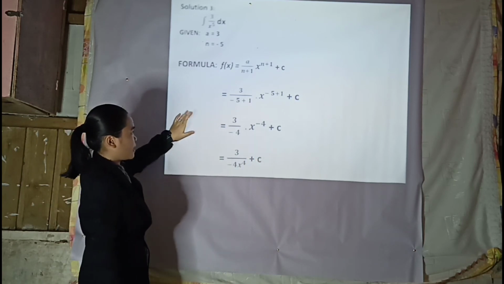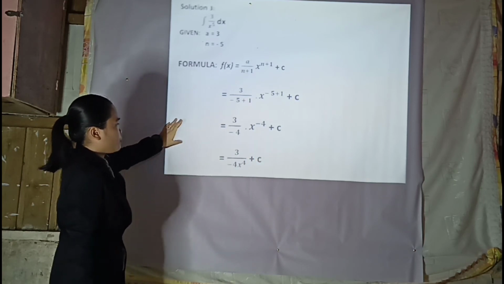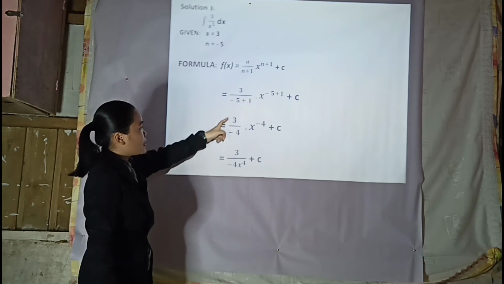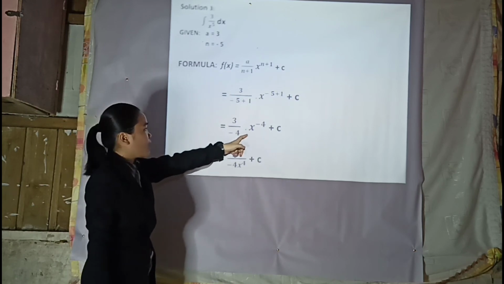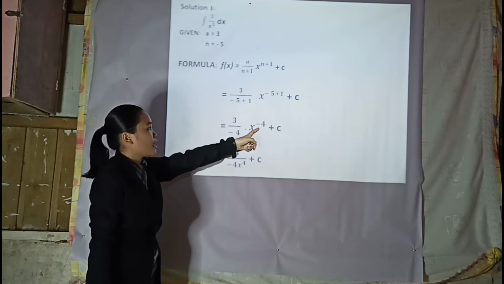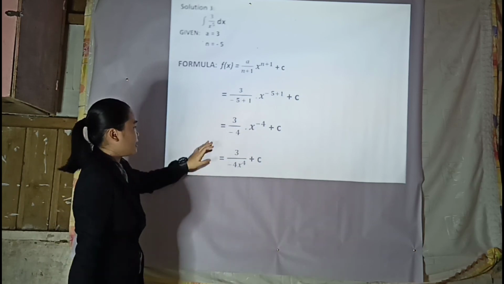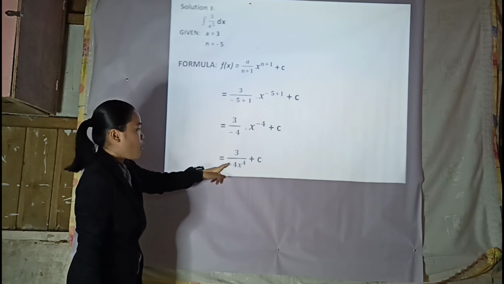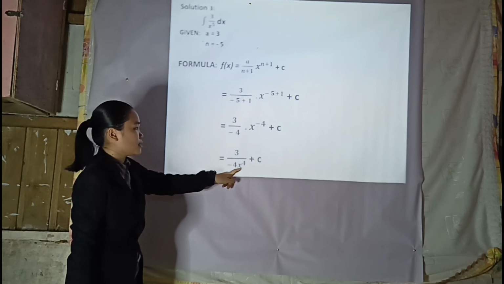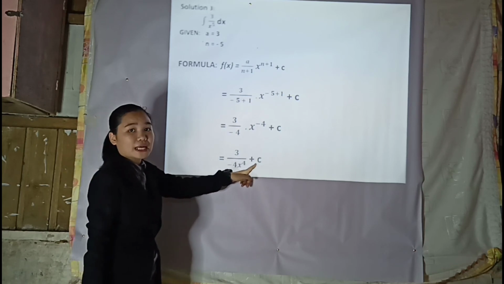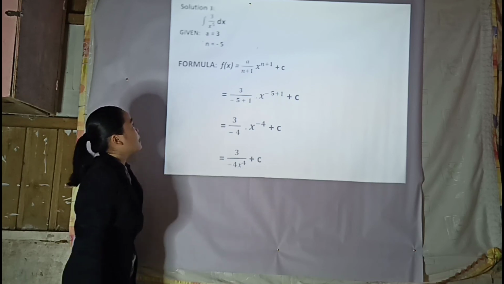So, simplify again this formula. So, 3 over -4 times the reciprocal of x to the -4, which is 1 over x raised to the power of 4. The answer is 3 over -4 x raised to the power of 4 plus c.